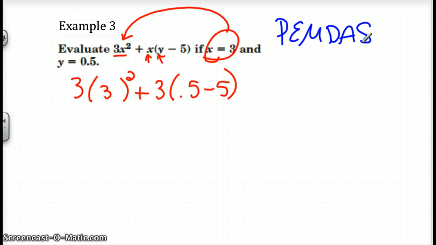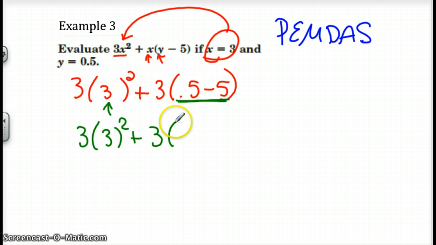Now, some of you maybe are looking right here and you're saying, oh, Ms. Hefty, you got parentheses there. I have parentheses because that's 3 squared. So that's not really parentheses. This is my parentheses right here. So I have 3 times 3 squared plus 3 times the quantity 0.5 minus 5.